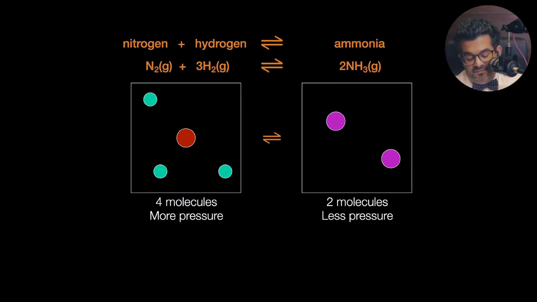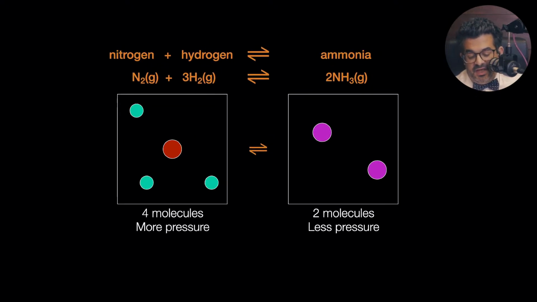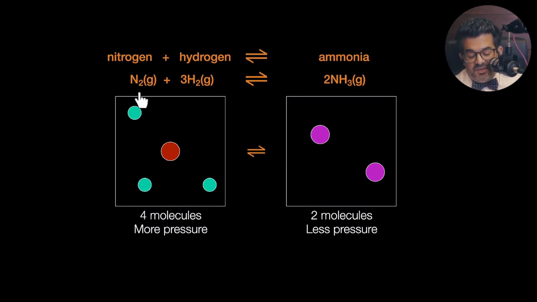So this would be a way to represent nitrogen and hydrogen forming ammonia. It's 1 mole of nitrogen and 3 moles of hydrogen making 2 moles of ammonia. Now, understand that the left hand side has more moles of gas than the right hand side.